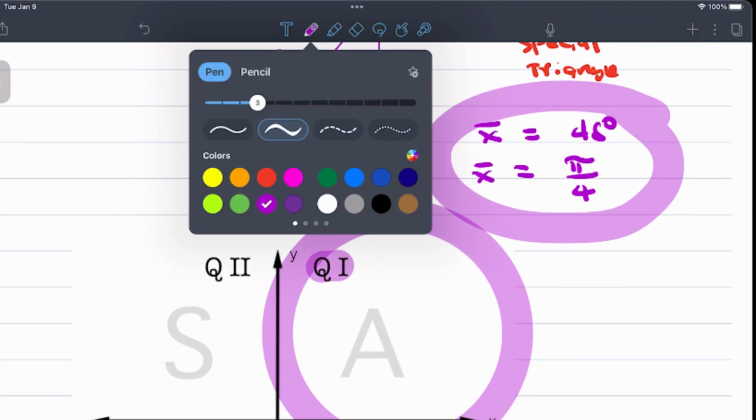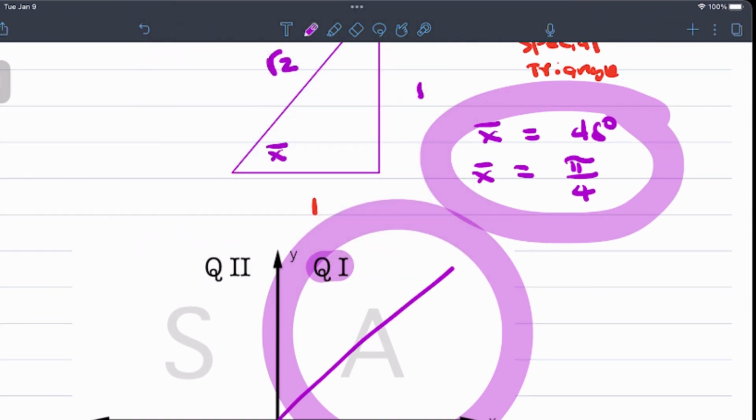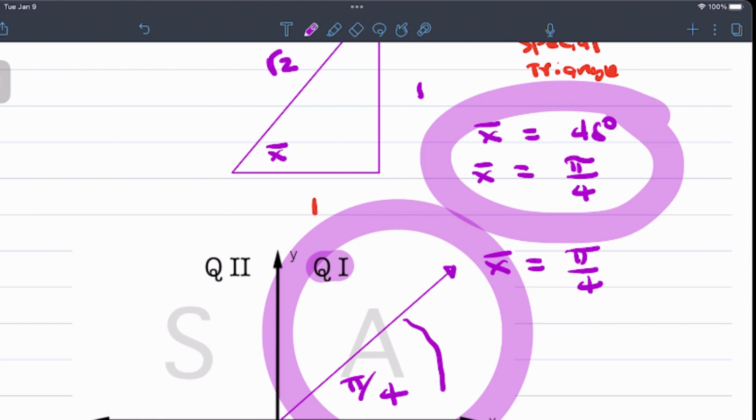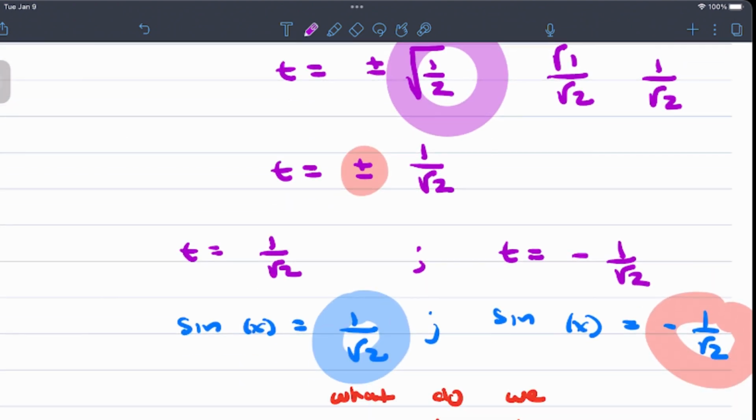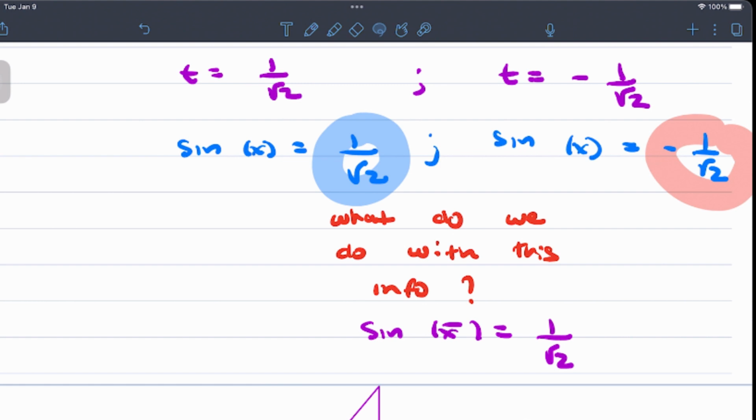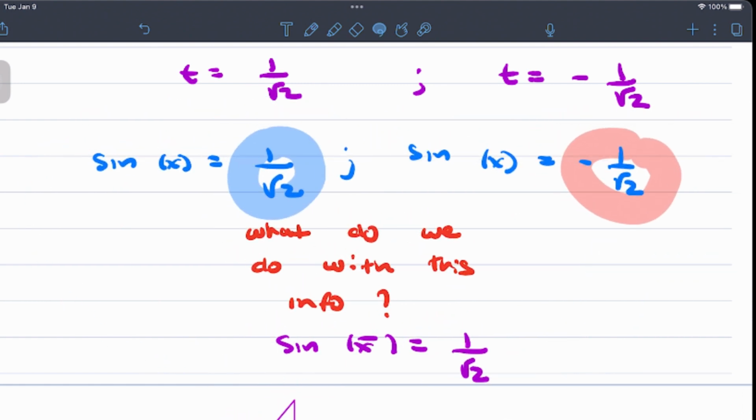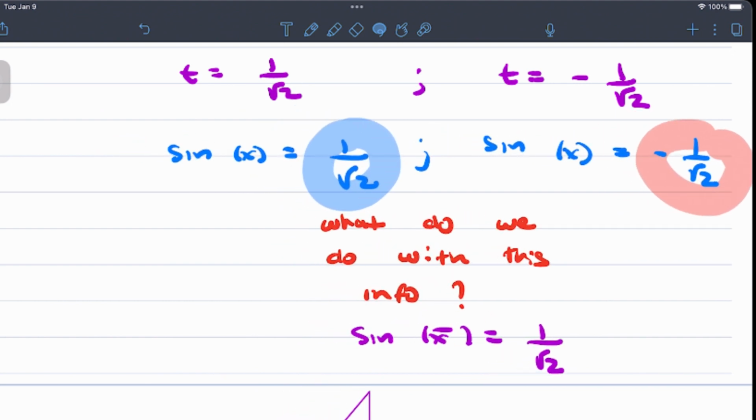You just found that the reference angle here, that this angle is pi over what? 4. All right, you guys okay with that? Now go back to the original situation we're talking about. I'm going to have to move all this over because it looks weird to me. I always do that. Sorry.